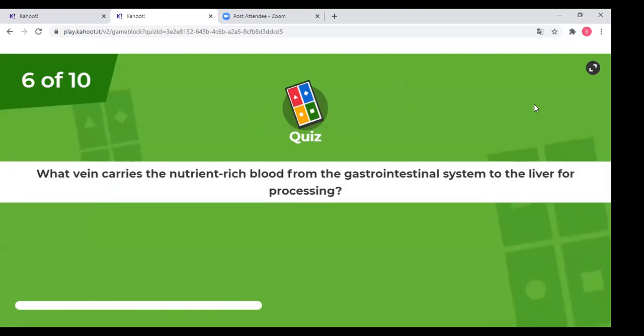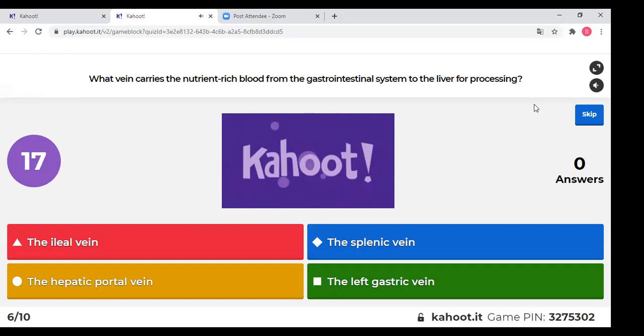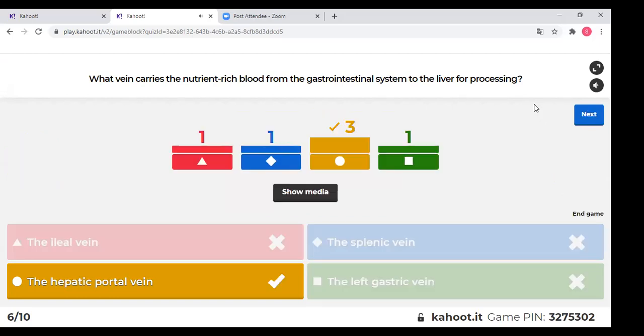What vein carries the nutrient-rich blood from the gastrointestinal system to the liver for processing? The ileal vein, the splenic vein, the hepatic portal vein, the left gastric vein. Okay, the true answer is the hepatic portal vein.